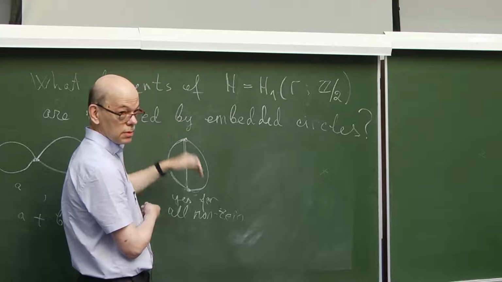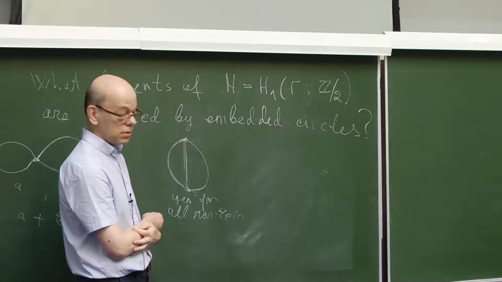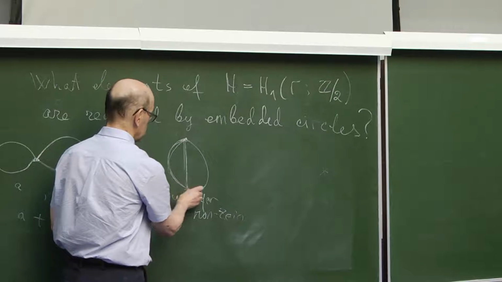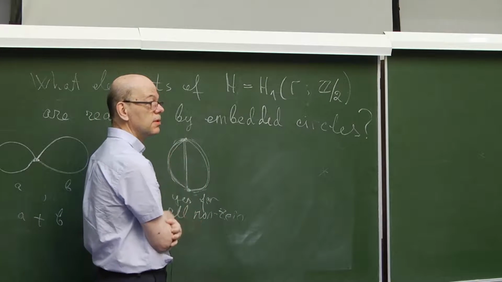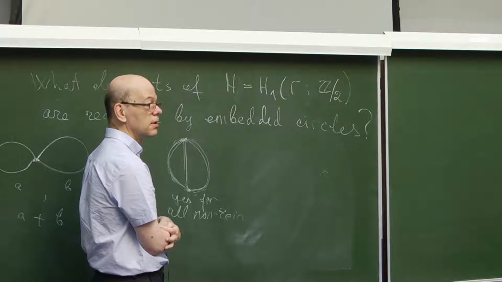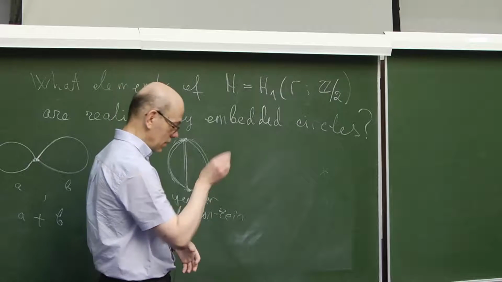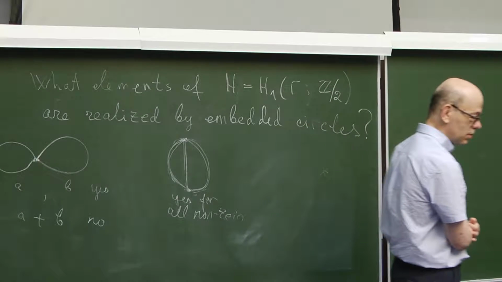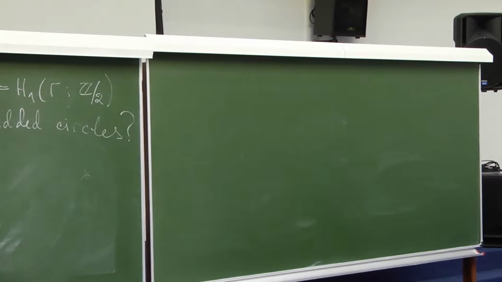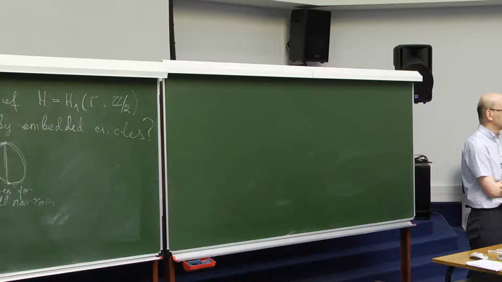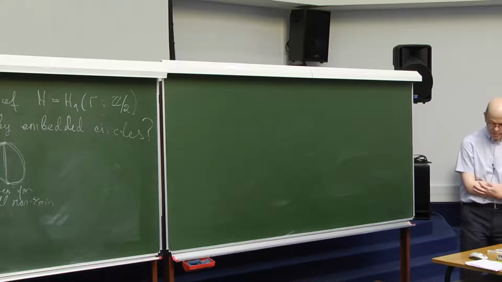No, because A plus B. Yes. A plus B is this class in whatever direction. You see, because for Z2 coefficients A plus B equals A minus B, but A plus B might be representable, but A minus B might not be representable.